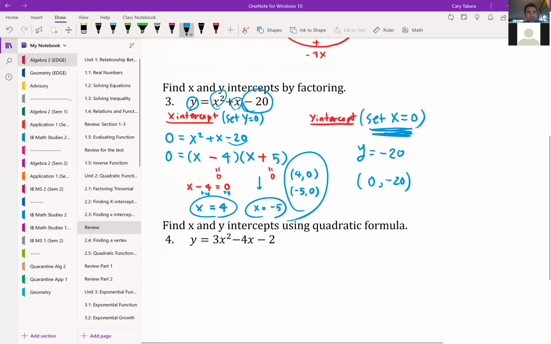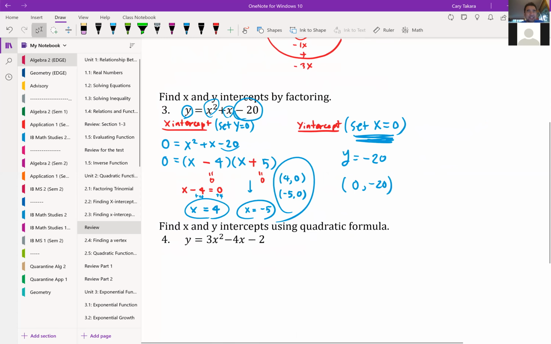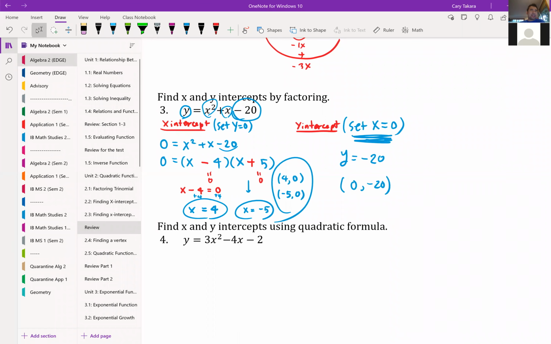Now, I have one more thing that I would like to ask you to do on number 3. Can you sketch a parabola? Can you sketch a U shape by locating x and y intercepts?